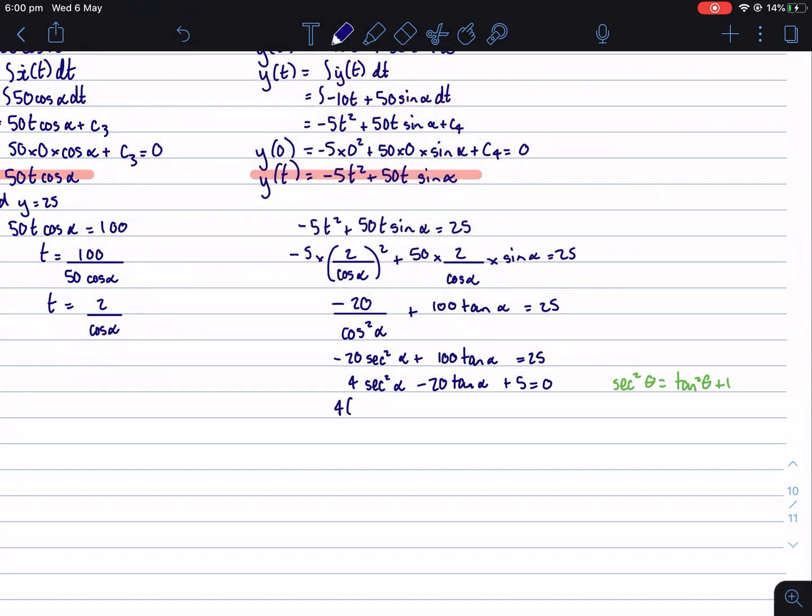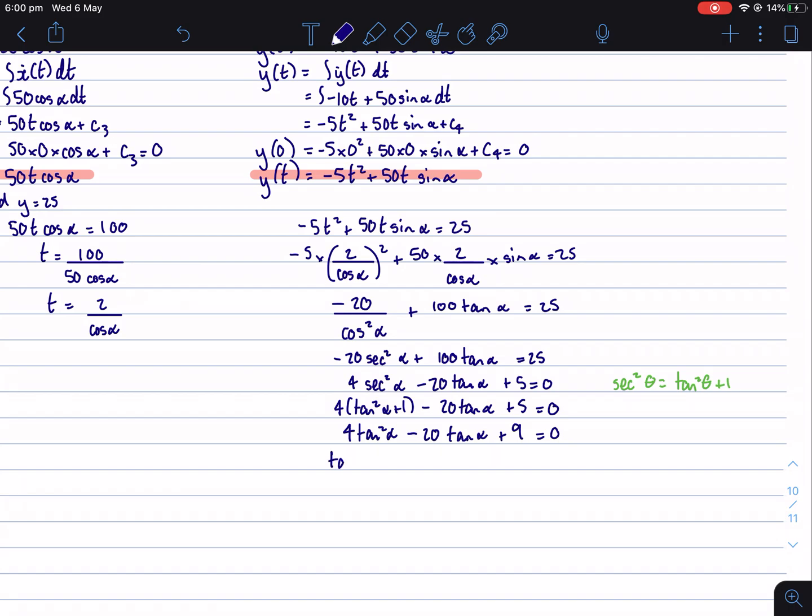I've got 4 lots of tan squared alpha plus 1, take 20 tan alpha plus 5 equals 0. So I've got 4 tan squared alpha, take 20 tan alpha plus 9.